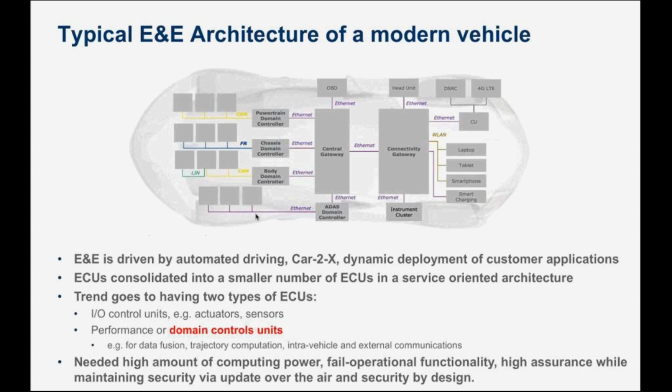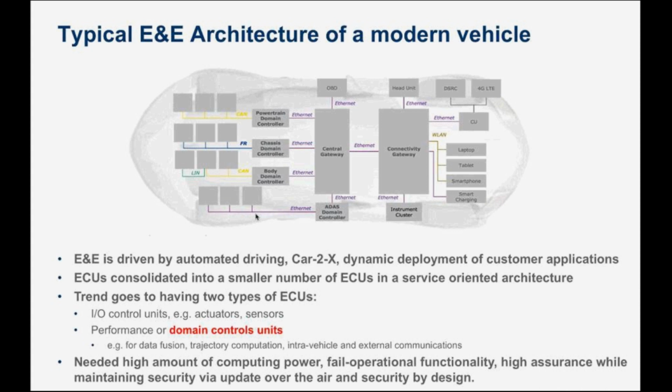So let's have a look at typical E architectures of a modern vehicle today. We see that we have quite a number of different ECUs in a modern car. Most of the architecture is driven by requirements arising from automated driving, car-to-X communication, as well as the need to deploy applications even in the aftermarket phase.